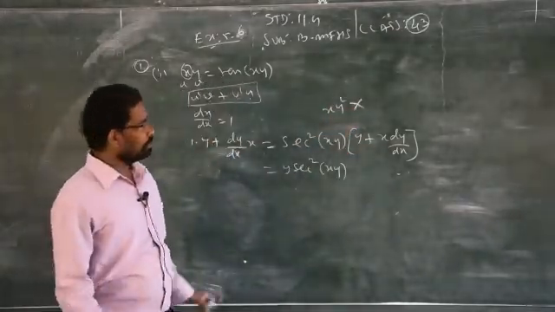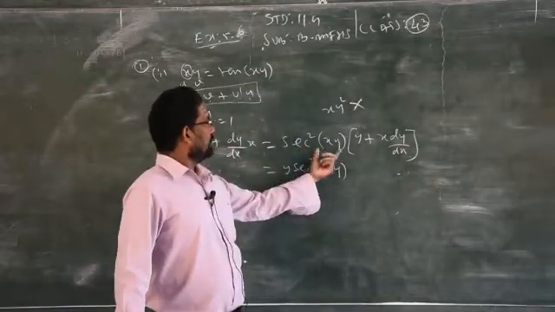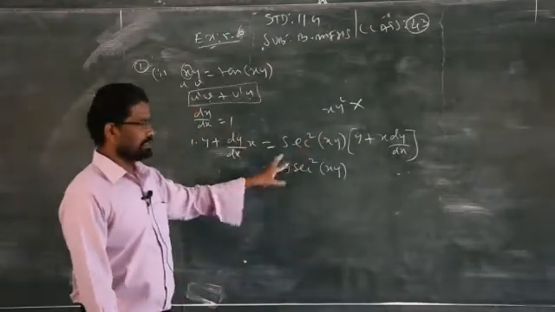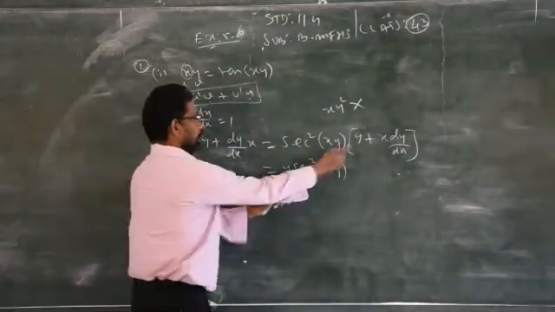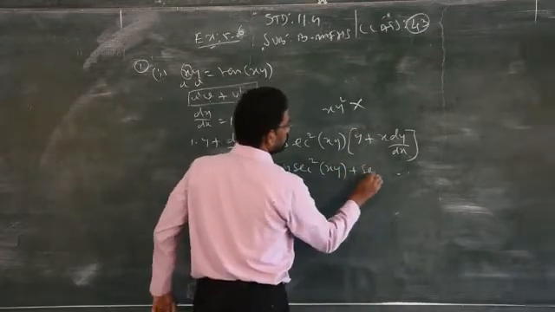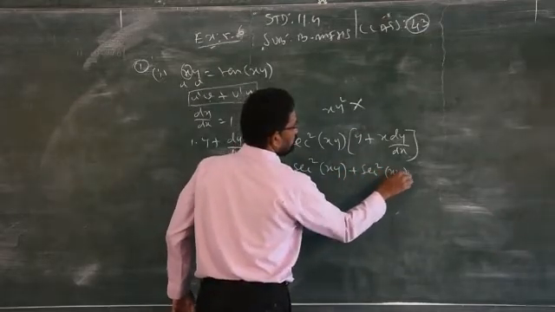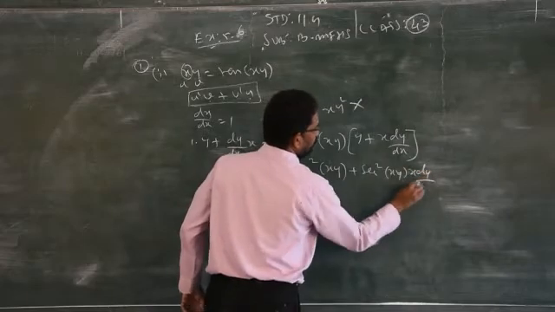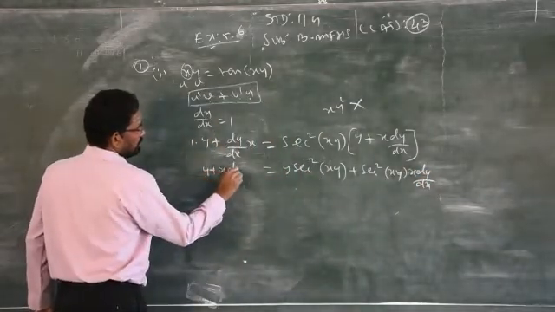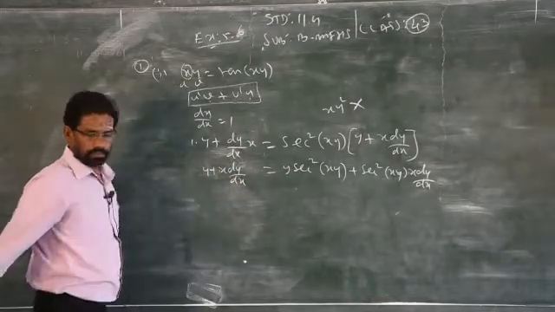You are not allowed to multiply the variables which are inside the ratio with other numbers. It should always be multiplication of the entire ratio, that is y into secant square xy plus secant square xy, x into dy by dx. Here y plus x into dy by dx.